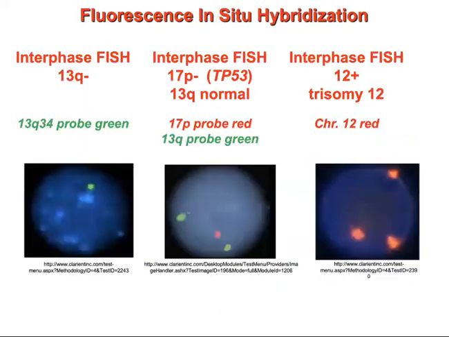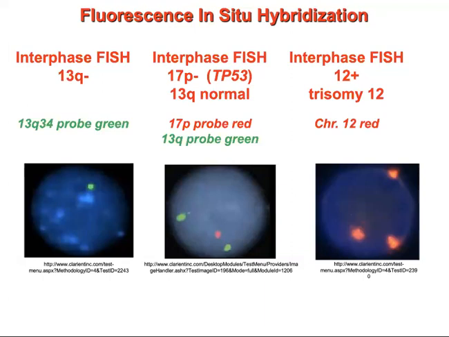All right. So here's some examples of interphase FISH, for example. If we put a red probe on deletion of 17p, right? Or the green probe on 13q, after you do all the washing steps, you would see whatever fluorophore you tagged on the genetic part that you're looking for, okay, that's what comes up, and it's usually a fluorescent process.